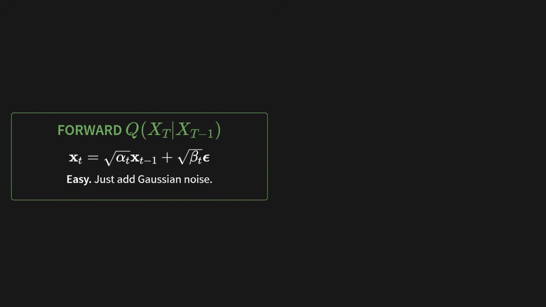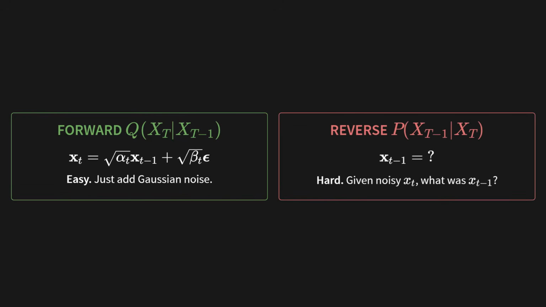Remember the forward process? The formula x sub t equals the square root of alpha sub t times x sub t minus 1 plus the square root of beta sub t times epsilon. That was easy. We just add a little bit of Gaussian noise at each step. Simple. The reverse process, though, that's a different story. Given a noisy image, x sub t, what was the previous image, x sub t minus 1?